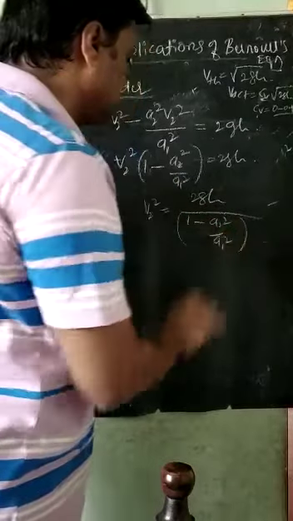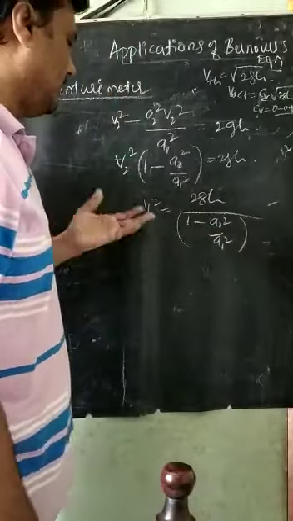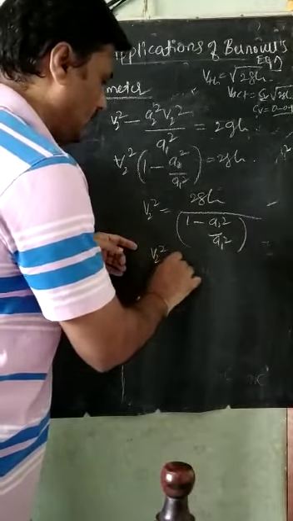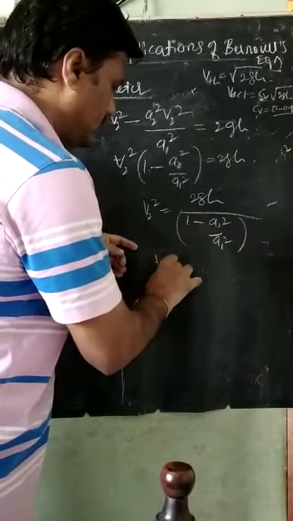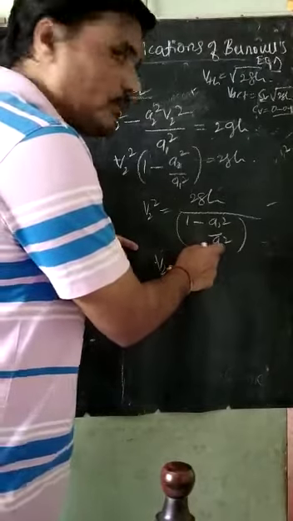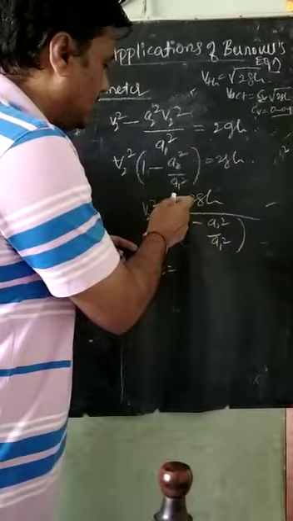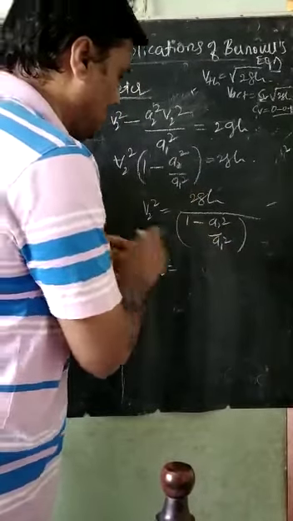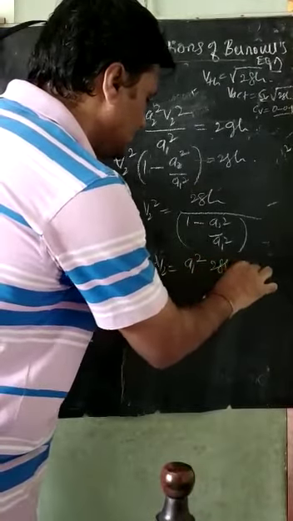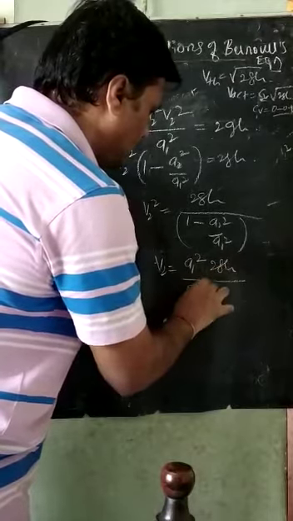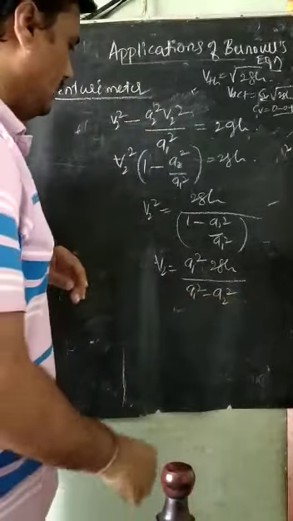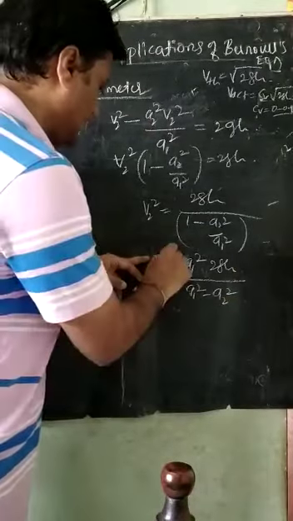Taking the LCM common, A1 square goes to the upper side, so this becomes V2 square is equal to A1 square into 2gh divided by A1 square minus A2 square.